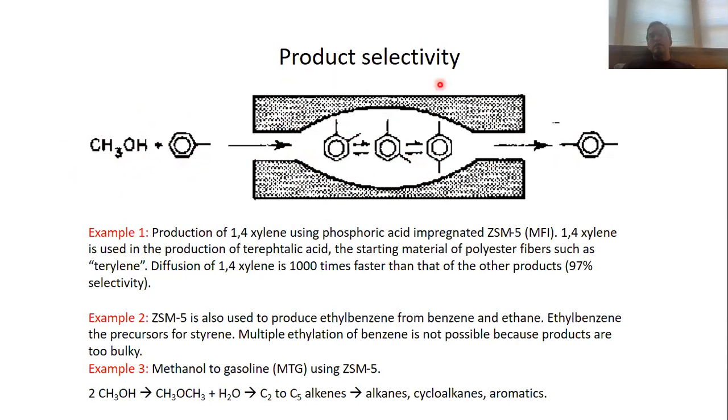And all these reactions can happen within the zeolite pore. Okay, but only the para product has actually the right shape to leave the pore. Okay, therefore, by selectively removing the para product from the chemical equilibrium, we drive the chemical equilibrium to the right side, and the para product forms in a high yield.